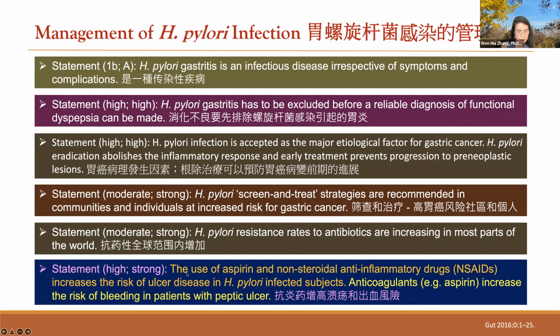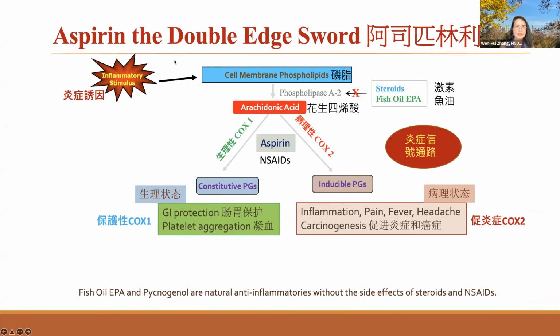But I want you to take note, the use of aspirin and non-steroidal anti-inflammatory drugs, usually used as painkillers, may increase the risk of ulcer in H. pylori infected subjects. And aspirin also works as an anticoagulant. It will increase the risk of bleeding in patients already with peptic ulcer.